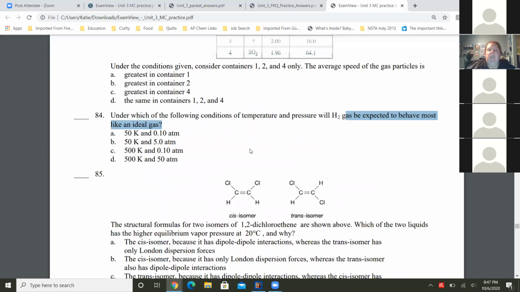And so the conditions that give us that the best are high temperatures, because it's making those gases move around really fast, and low pressures, meaning that those particles are not being condensed together at all. So highest temperature is the 500. Between those two, C would be best because it's got the lowest pressure of the highest temperature. That makes sense. Thank you. Yep.